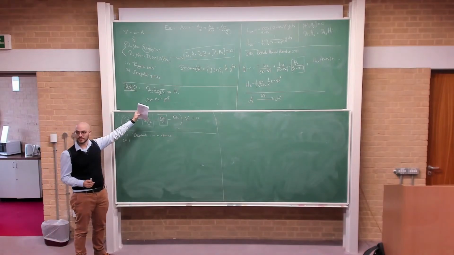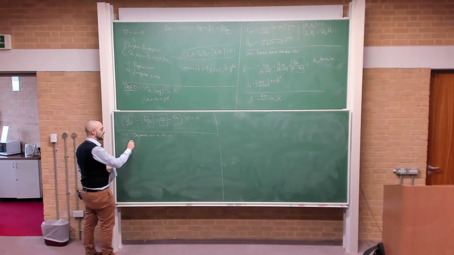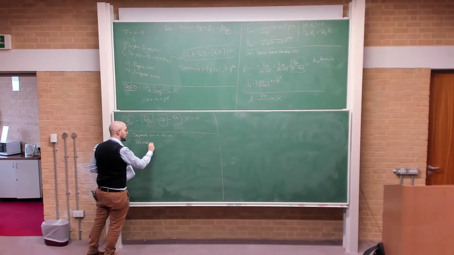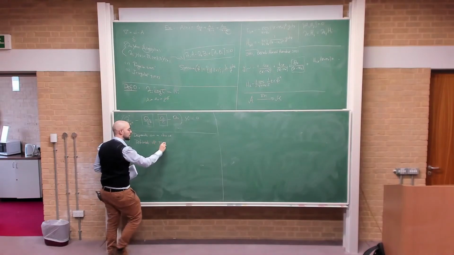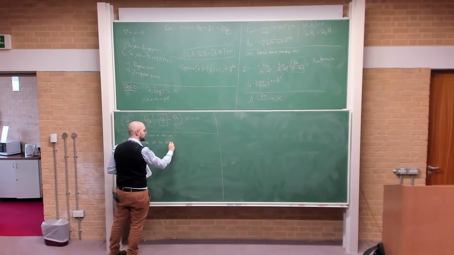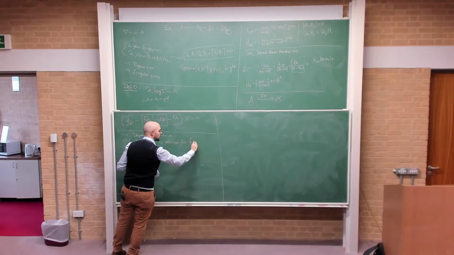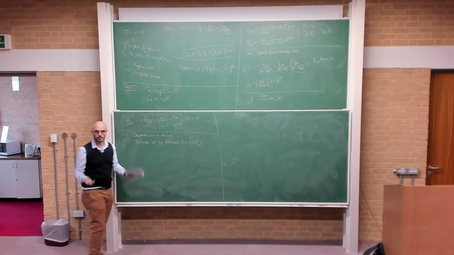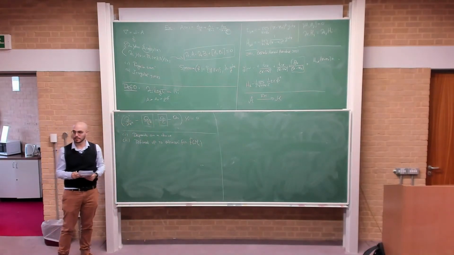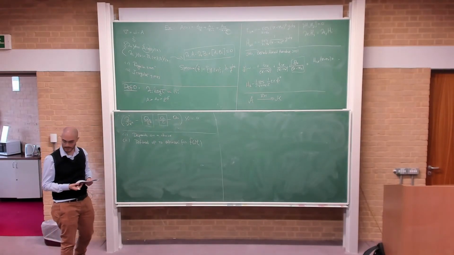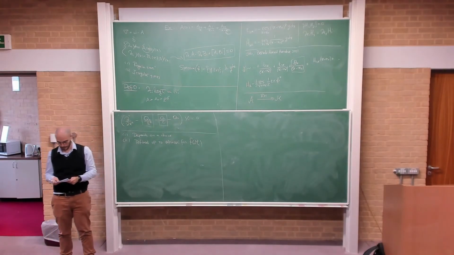And this only fixes the dependence with respect to the time. So this is defined up to an arbitrary function of all the monodromies. If I just multiply tau by any function that depends only on the monodromy, that's the same. It's ambiguous.